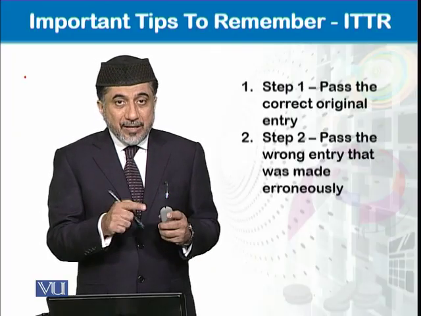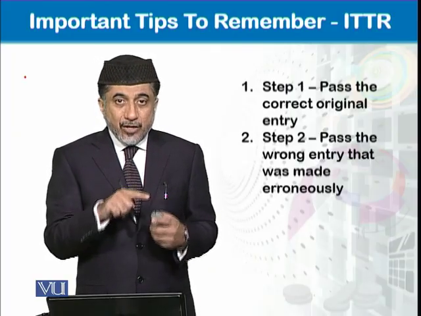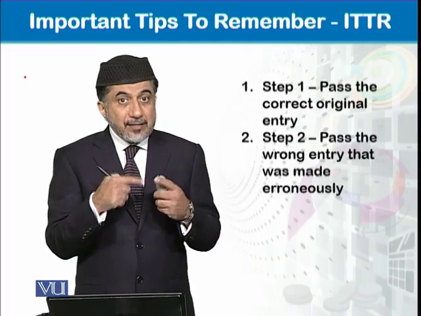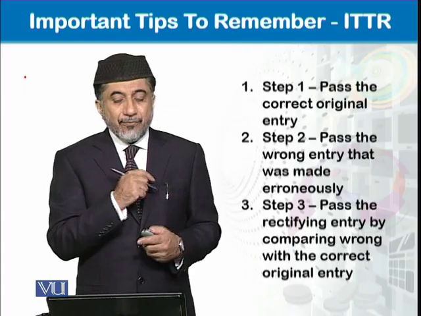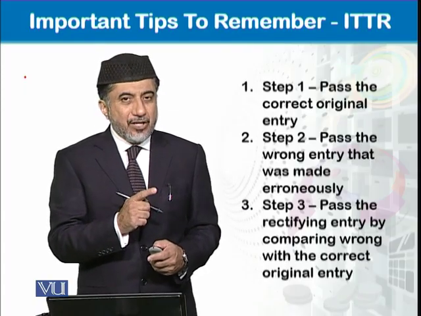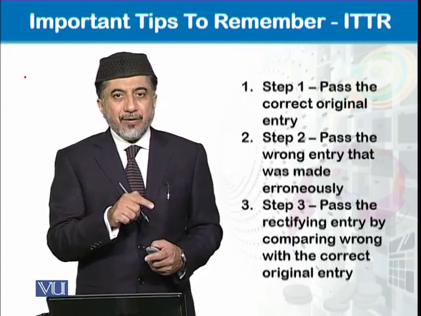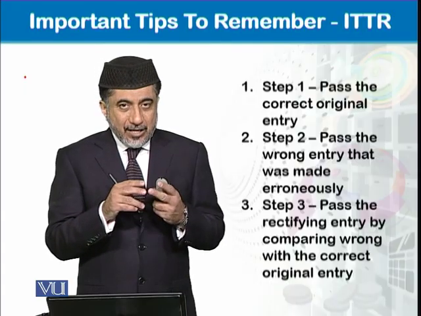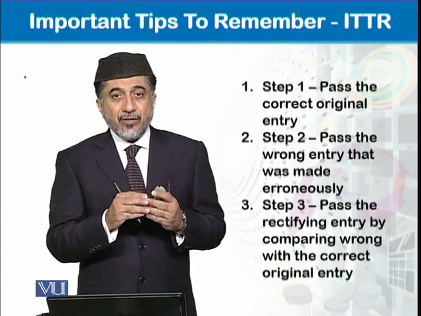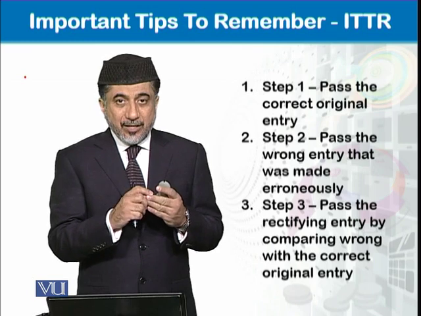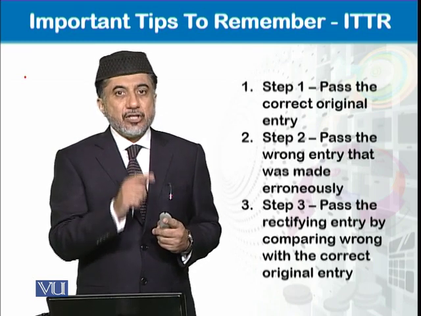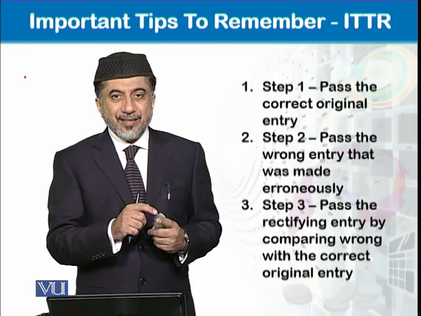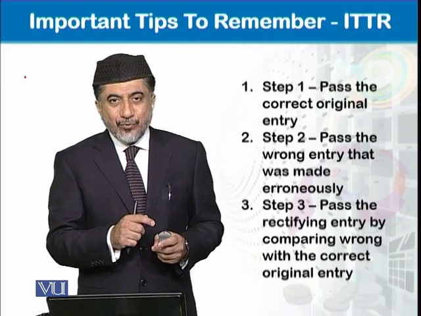And now we have to bring this wrong entry equal to the correct entry which is in our mind by passing a rectifying entry. So the step 3 is to pass rectifying entry. And now this wrong entry and rectifying entry together will give the result which is equal to the correct accounting entry. All right. So take care of all these steps.